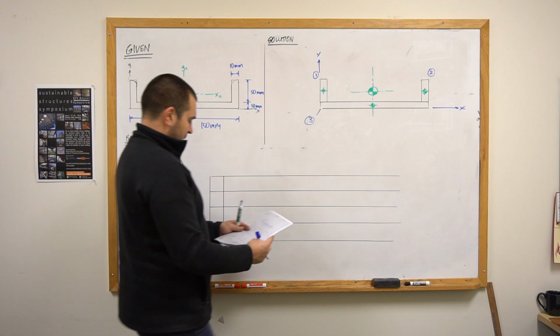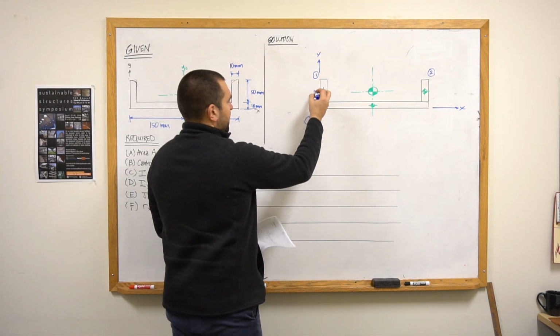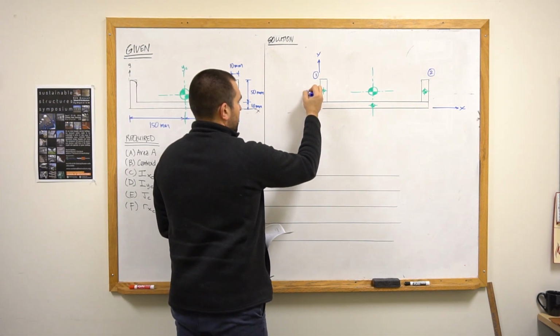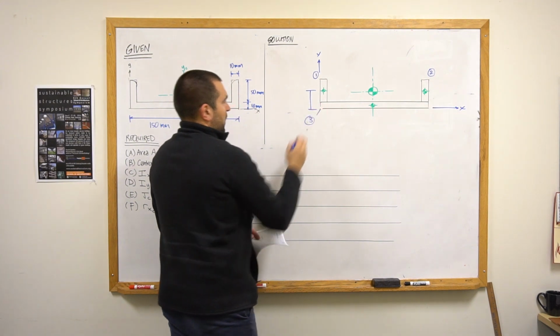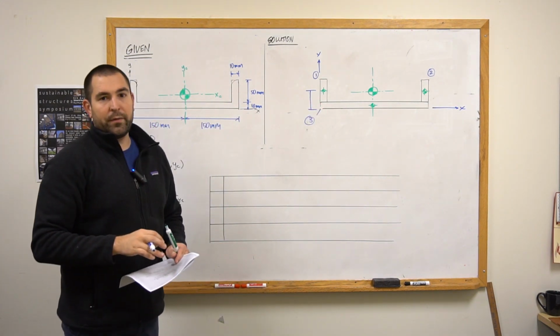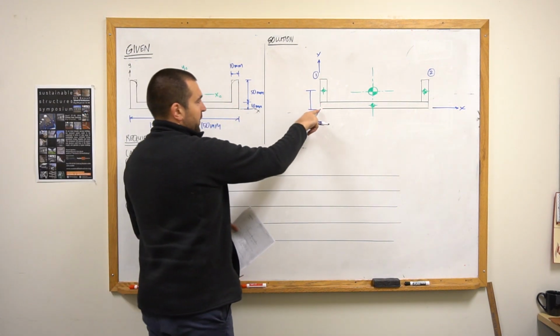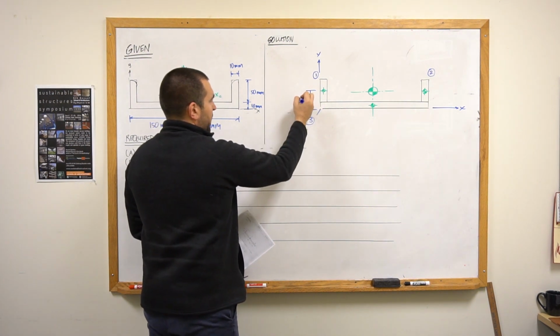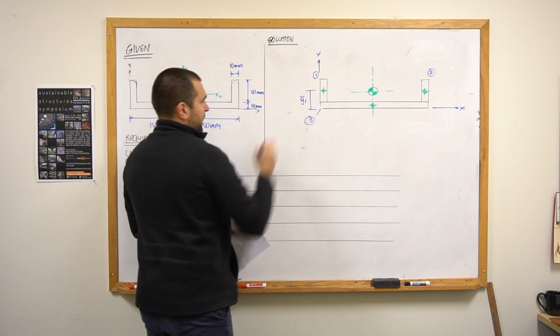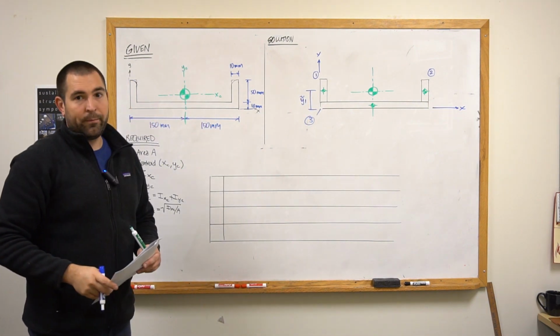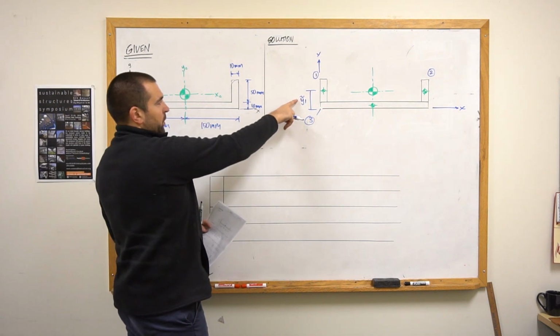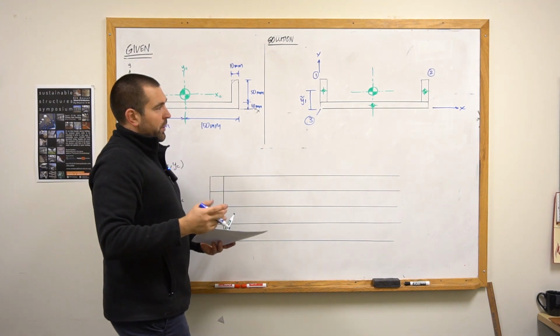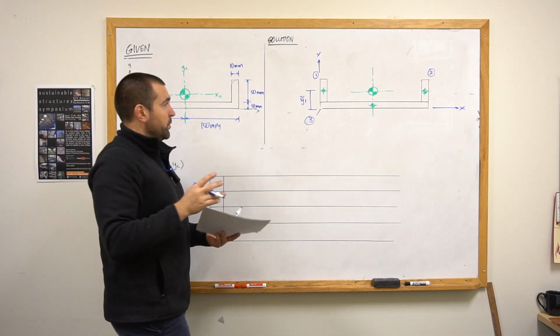And so let's identify the coordinates of each of the centroids. Here, the distance from the x-axis up to the centroid of shape 1, I will call y tilde 1. The tilde simply means that we're looking at the centroid location for a subshape, not the overall shape.